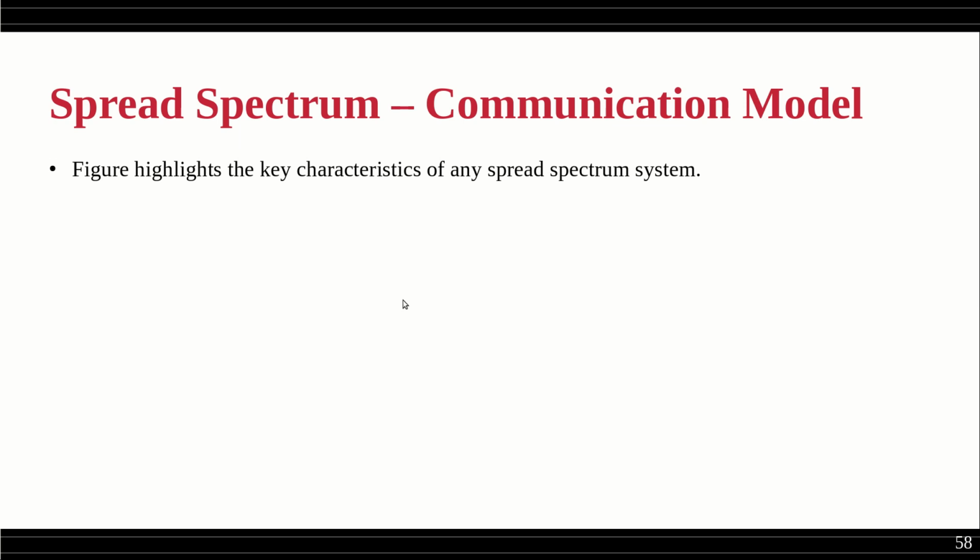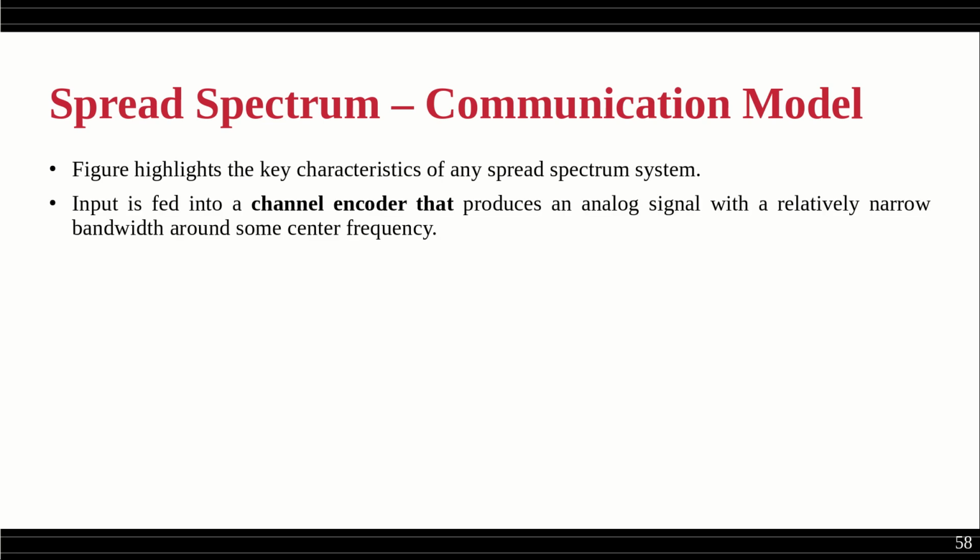Now, an explanation of the figure. The figure highlights the key characteristics of any spread spectrum system. Input is fed into a channel encoder that produces an analog signal with a relatively narrow band around some central frequency. That narrowband signal is given to the spread spectrum block, the modulator, which generates the wideband equivalent of it.